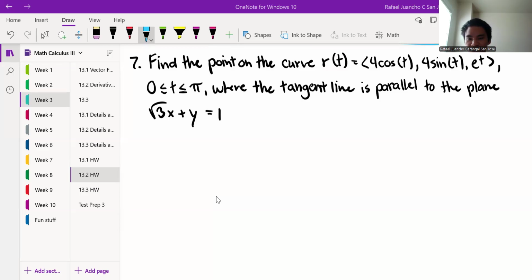Yeah, that's how we're going to be able to find it. And so we want to compute that tangent vector, and their dot product has to be 0.